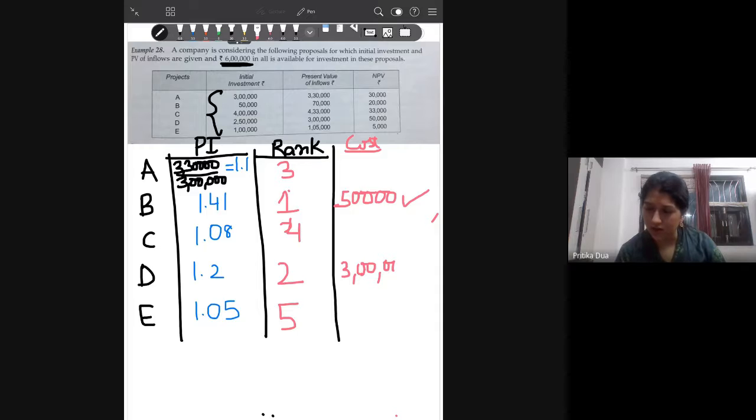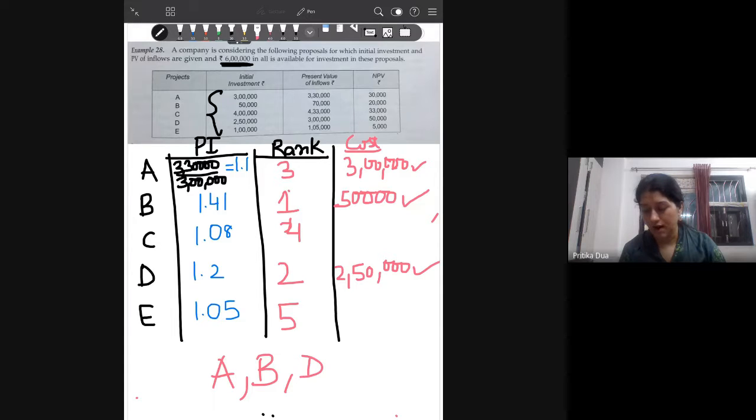So till this point we have used 3 lakh rupees. We still have 3 lakh left, which are then used for project A. So A, B, and D would be our choice of projects as per the budget constraints.